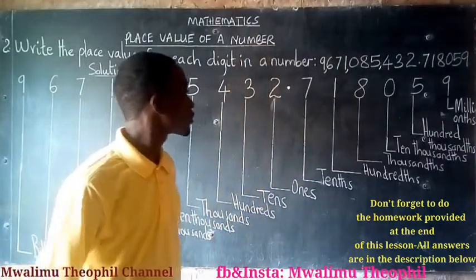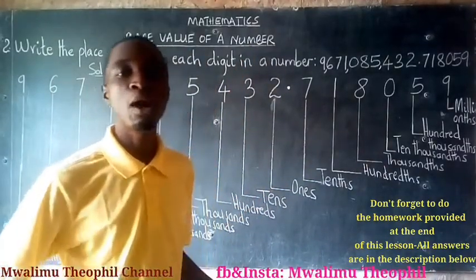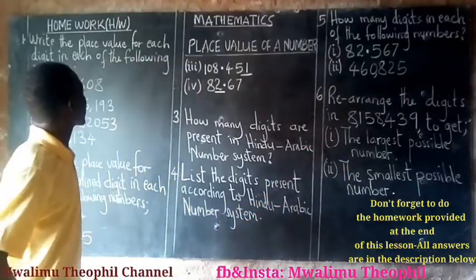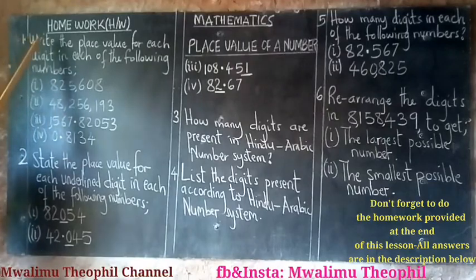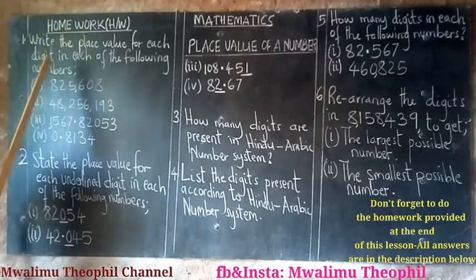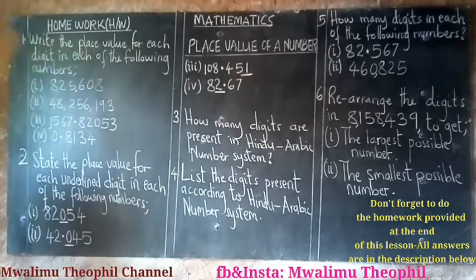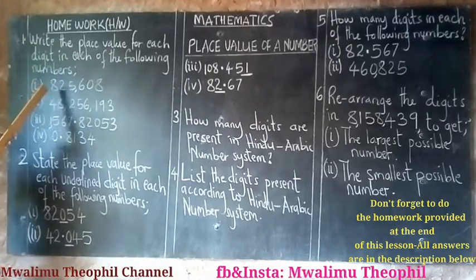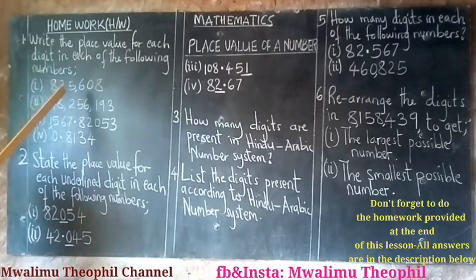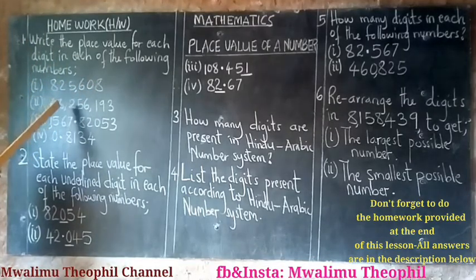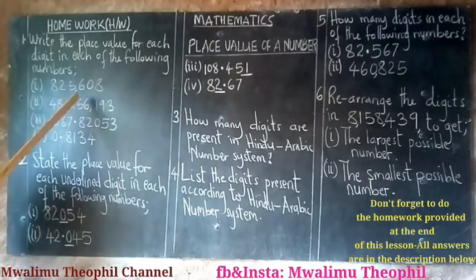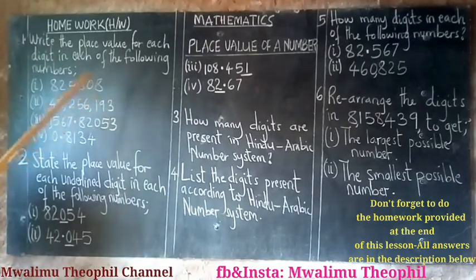Now, after these two examples, I am going to provide you a homework. After the session, here is a homework. The first question, write the place value for each digit in each of the following numbers. The first number, 825,680. A second number, 48,256,193.